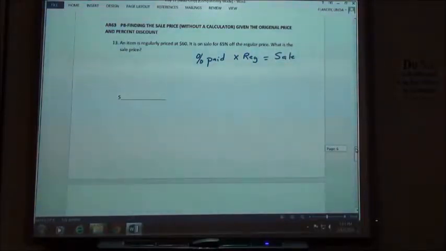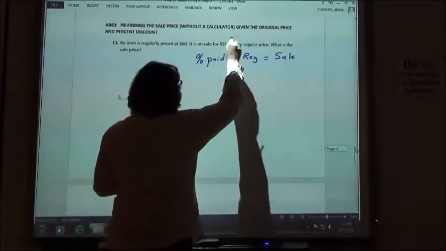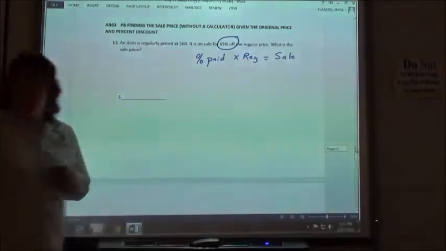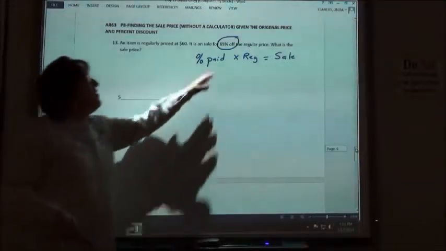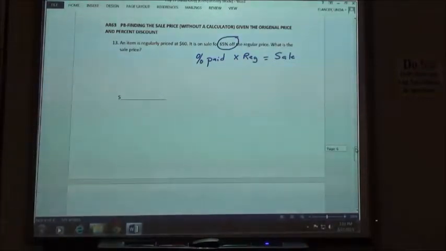So the tricky part here is we sometimes will have an off, a discount, a less. When we do this, we could do it two different ways, but because I know something else is coming up, this is the way I'm suggesting you do this. If I do 65% off, I want to find out what percent I actually paid.